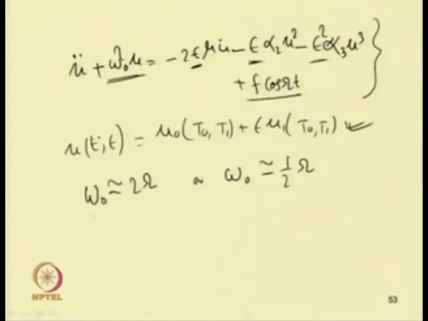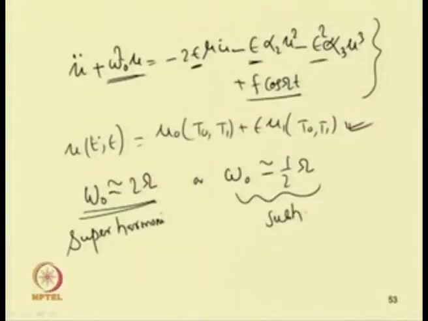In this case omega 0 nearly equal to 2 omega is the superharmonic resonance condition, and the other case is the subharmonic resonance condition.